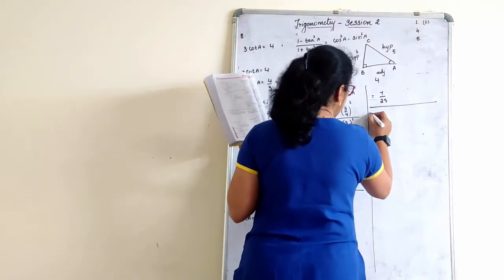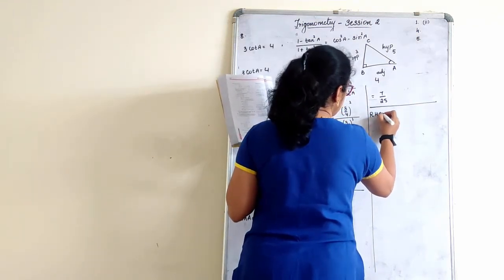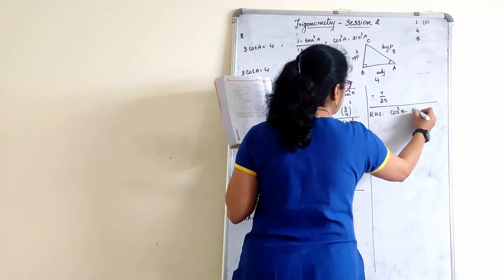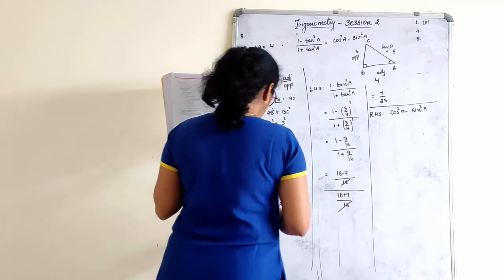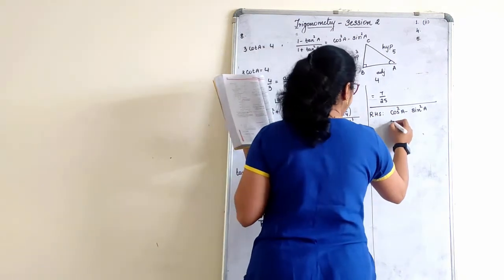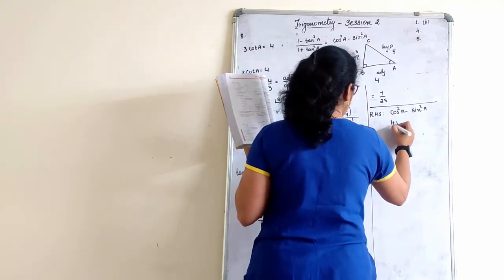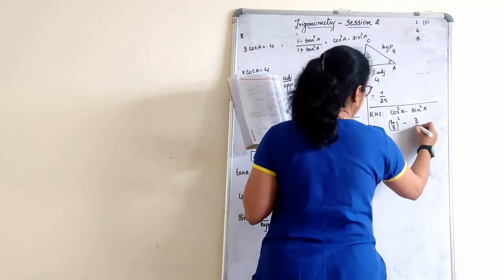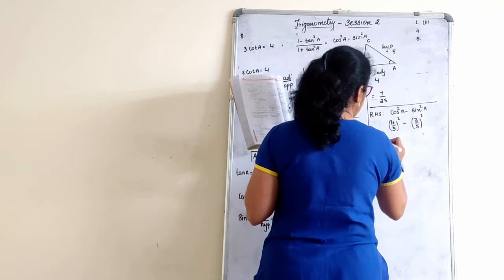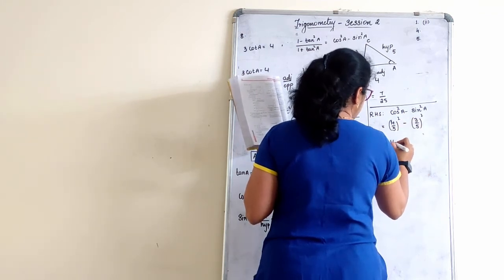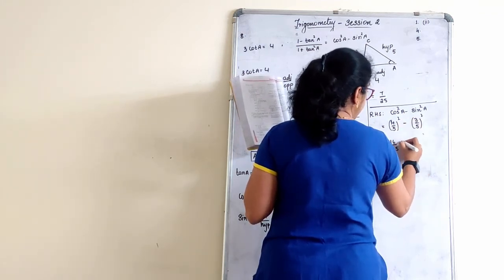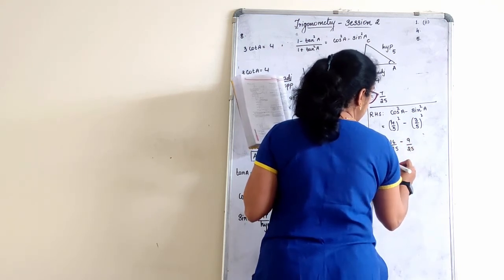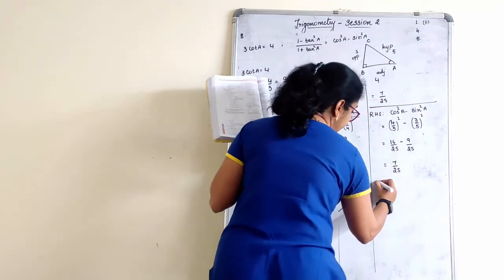Let me check with RHS. Cos square A minus sin square A. What is cos A? 4 by 5 whole square. Sin A is 3 by 5 whole square. 16 by 25 minus 9 by 25. 16 minus 9 is 7 by 25.